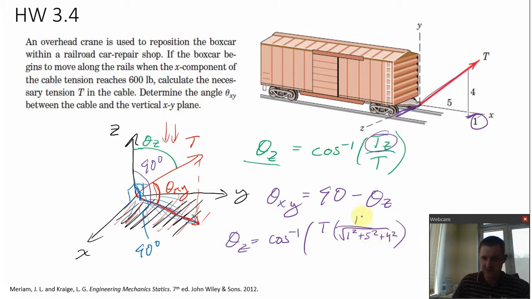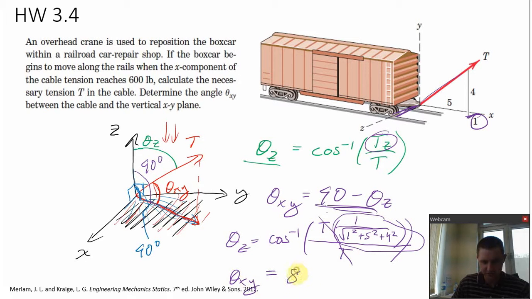That's the z component of the tension vector divided by the magnitude of the tension vector. And you see what happens: the tension vectors cancel. Now I have the cosine inverse of that ratio, and I can get an answer for theta z. Once I solve for theta z, I plug that into this equation here, and theta xy comes out to be 8.88 degrees. There you have it.